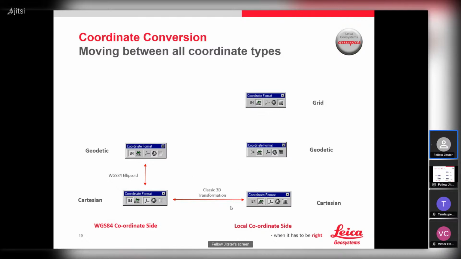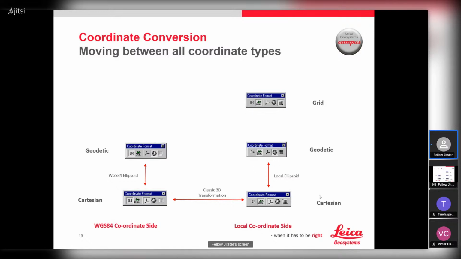The classical 3D transformation is used to transform coordinates from this XYZ Cartesian on WGS84 to some kind of local XYZ coordinates. And then once again, going to geodetic latitude, longitude, you need to know the parameters of the local ellipsoid.